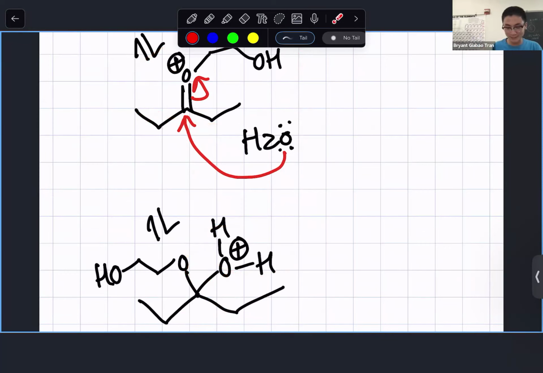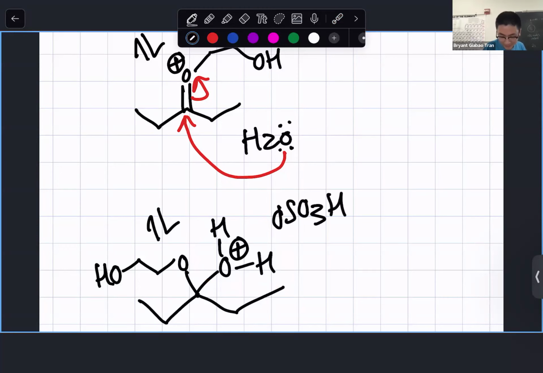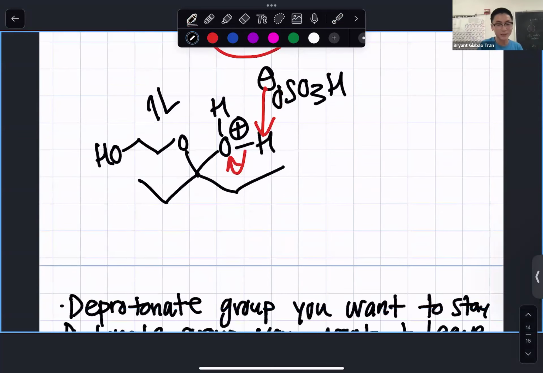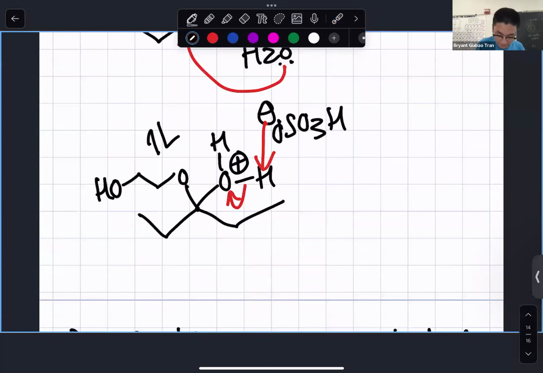And if we want it to stay, how can we convert this into a bad leaving group? Because right now it's a good leaving group. Deprotonate it. Nice. So we could use HSO4 minus to deprotonate it, make it into a bad leaving group, which is good because we want it to stay.